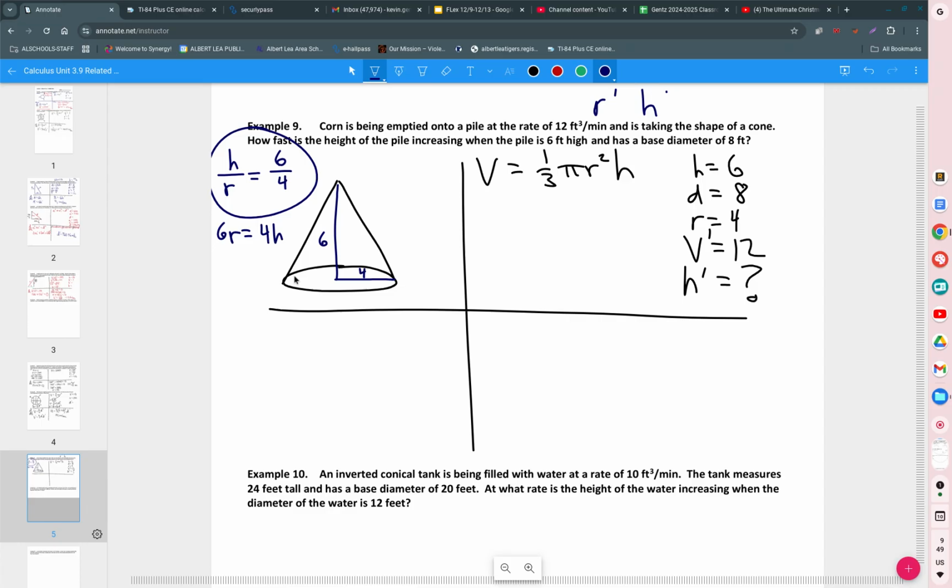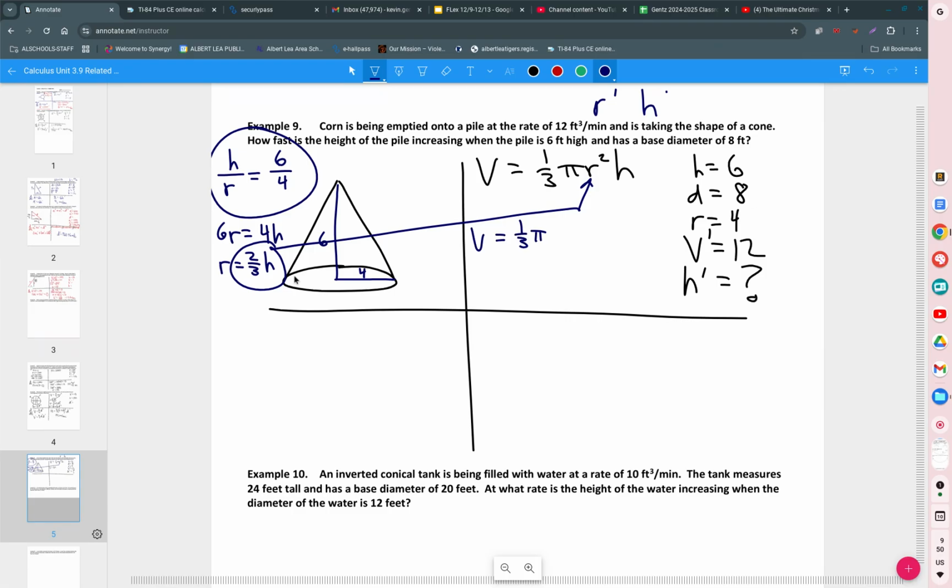And if I divide both sides by 6, I get r is equal to 2/3 h. That ratio remains constant. So therefore, you could take this and drop it right into the r squared. And so I have the volume is equal to 1/3 pi.